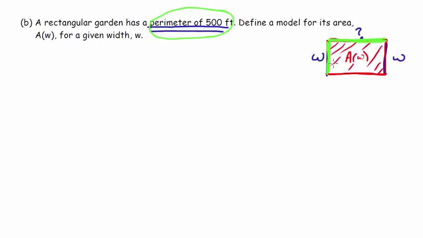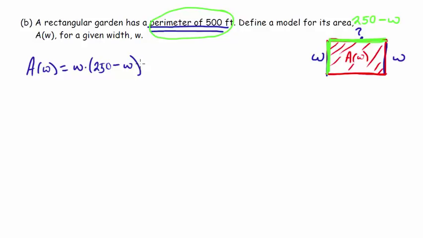Alright, so if all this green stuff is 250, and I've used W here, this is going to be 250 minus W. Alright, so to come up with my equation here, I'm going to call it A of W. We're going to take W times 250 minus W. Alright, so that is the equation. Length times width, or width times 250 minus that width.